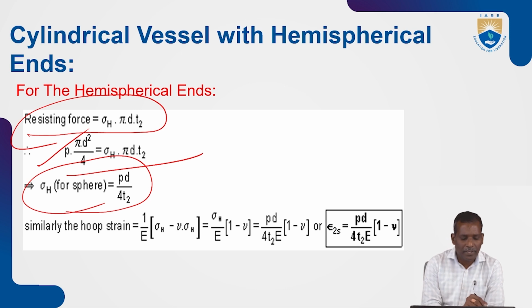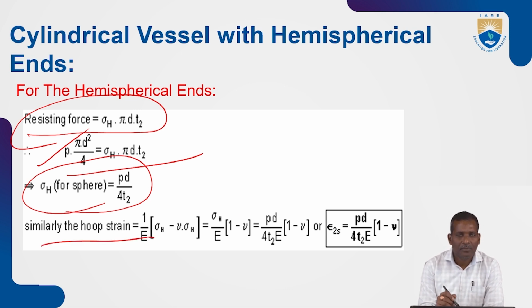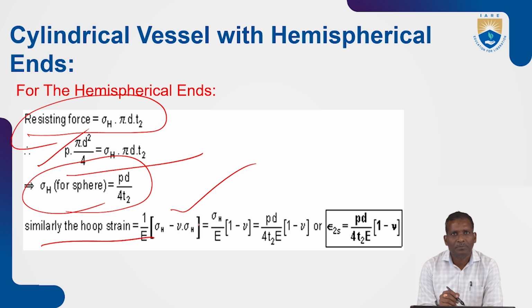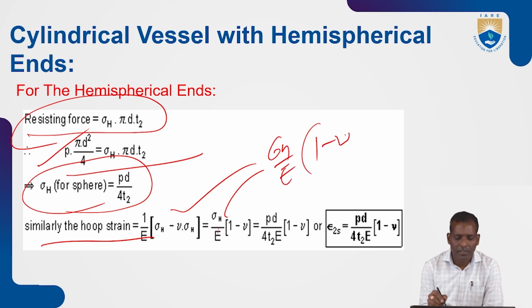Similarly, the hoop strain is 1 by E into sigma h minus mu into sigma h. Here, take sigma h by E common outside, and 1 minus mu.